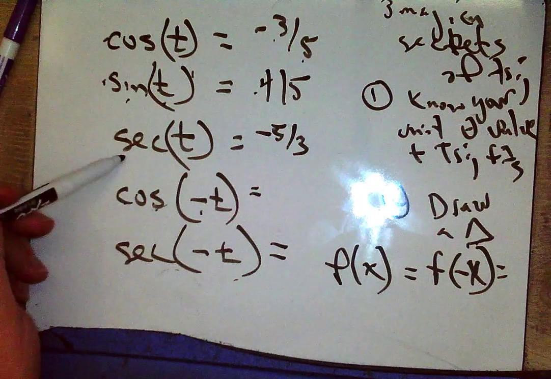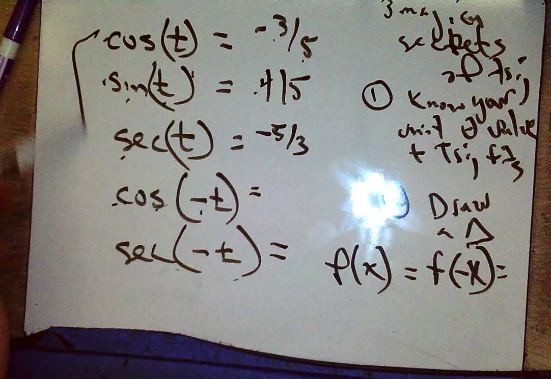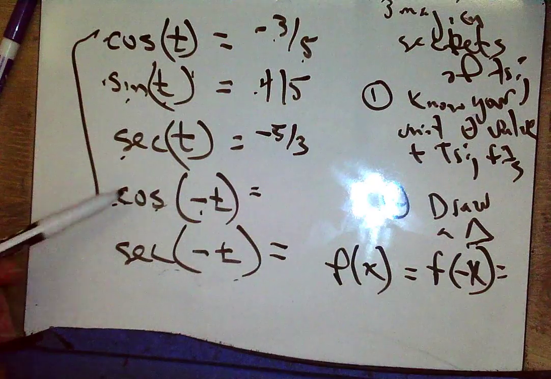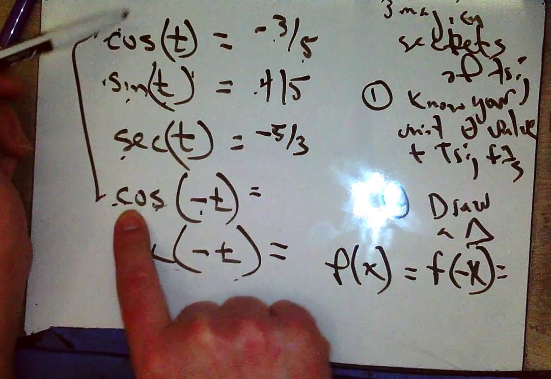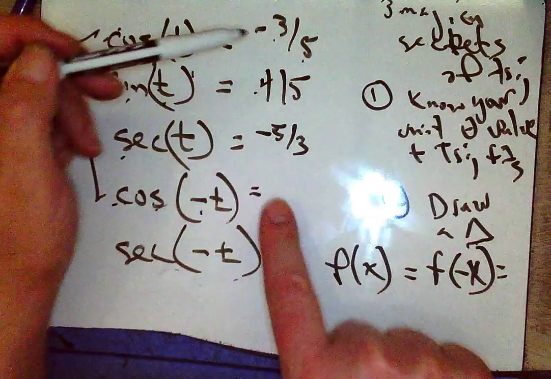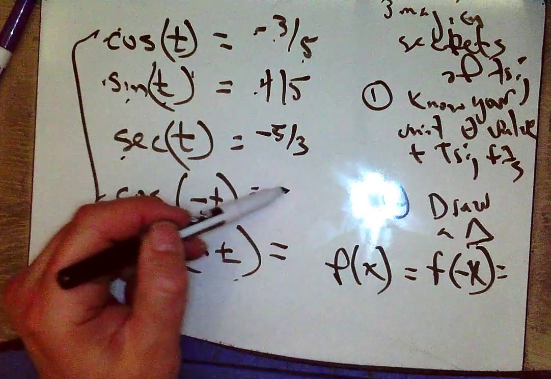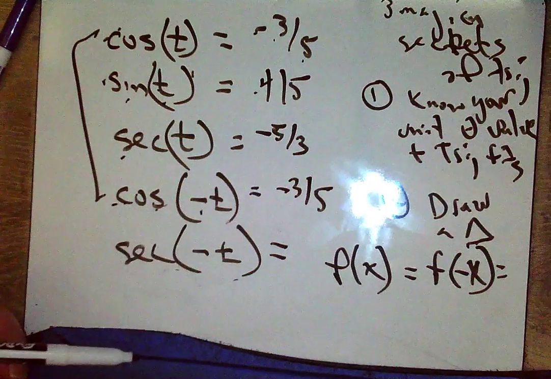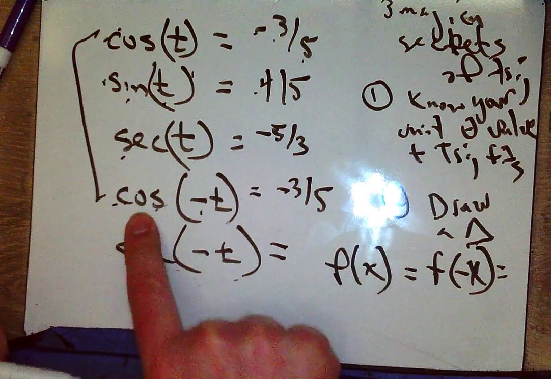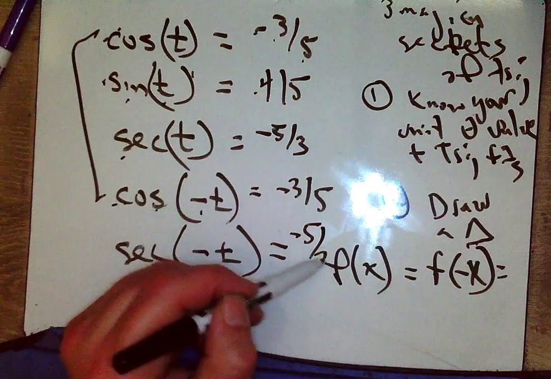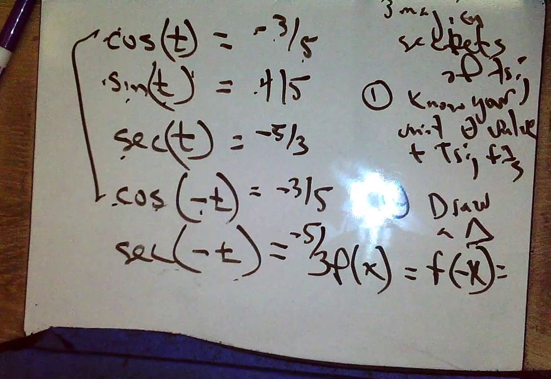But we're talking about cosine. These are the ones that represent cosine as an even function. When I plug in the opposite angles, I get the same adjacent. Secant is just the reciprocal of that. Yeah? So, how about this? You do this.